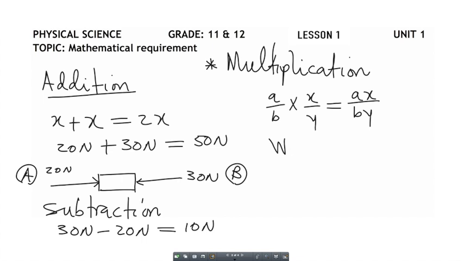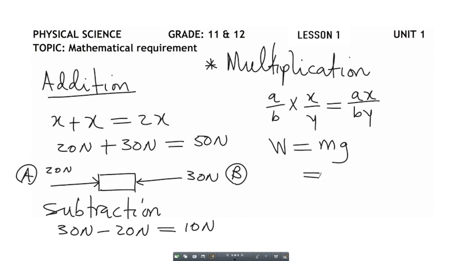If I have weight equals to m multiplied by g, the mass multiplied by the gravitational field, you realize that for you to be able to generate that product for w, which is given by mg, we must specify the value of m, and then we must also specify the value of g, so that those numericals, once they are multiplied, we'll be able to generate what we call a product as a result of m and g.